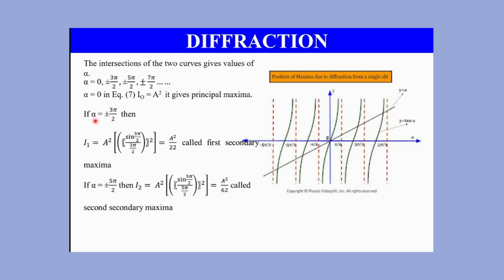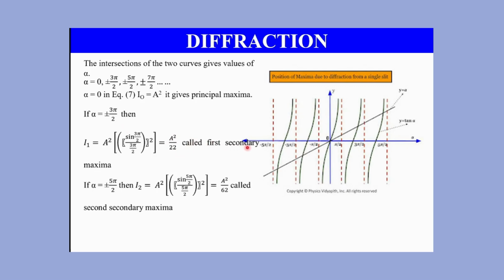The next possibility is alpha is equal to plus or minus 3 pi by 2. By substituting in equation number 7, I is equal to A (sin alpha by alpha) whole square, we write I1 is equal to A square into (sin 3 pi by 2 divided by 3 pi by 2) whole square. By simplifying, we will get A square by 22.